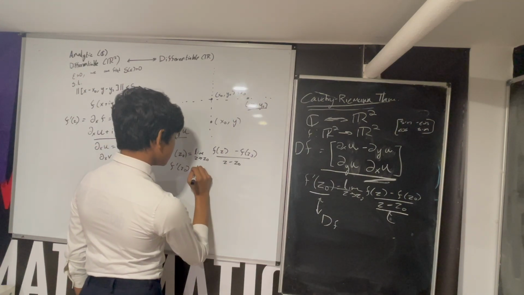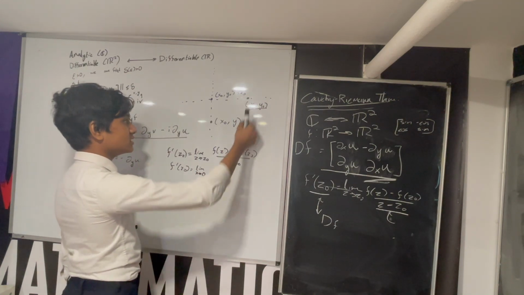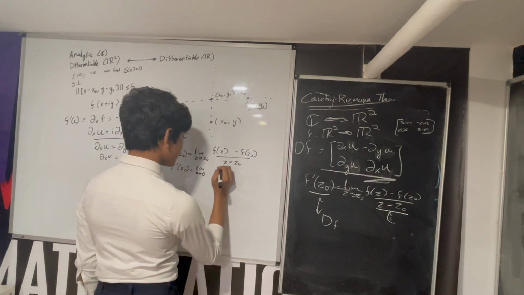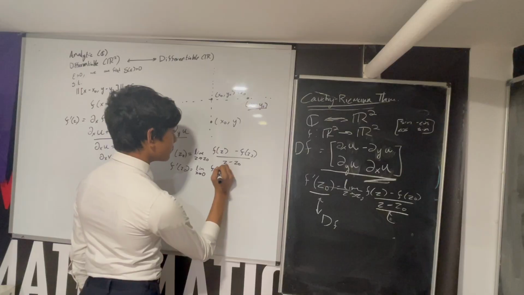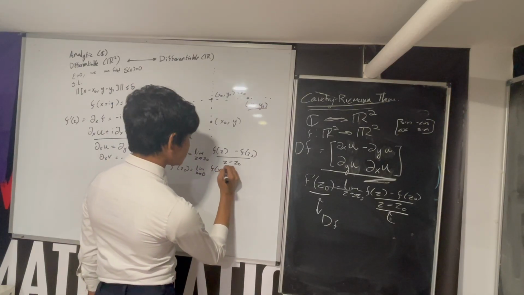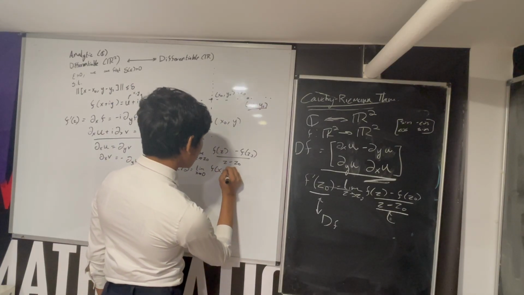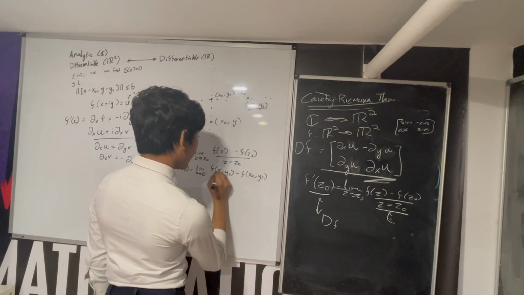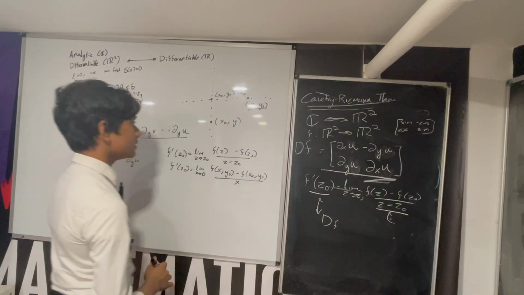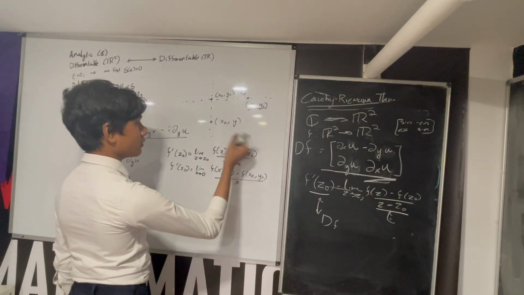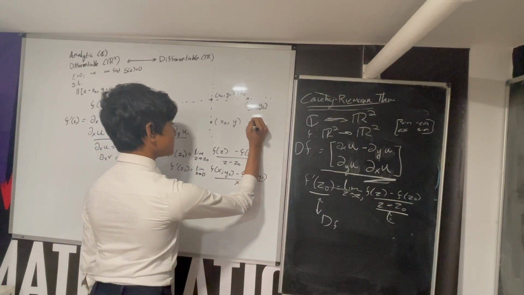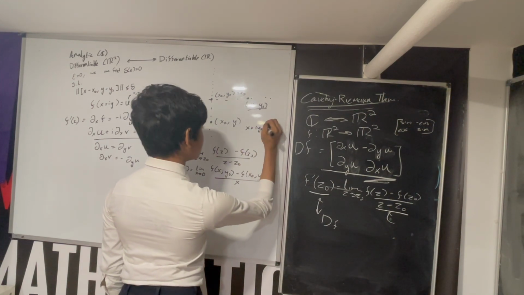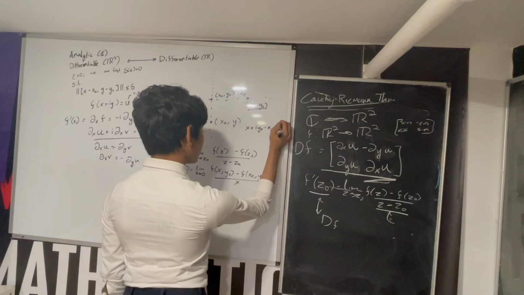Here, just x approaches x naught, because that's the only way this point can approach z naught. The limit as x approaches x naught of f of x comma y naught minus f of x naught comma y naught divided by x, since z is just x plus i y naught, and z naught is x naught plus i y naught.